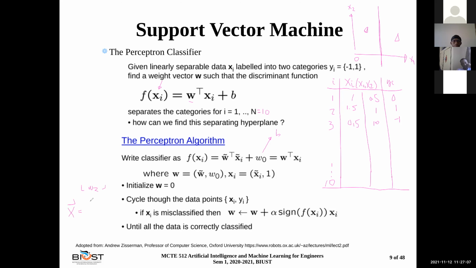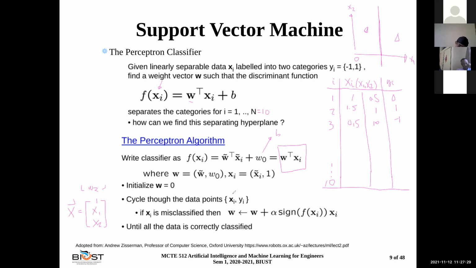That takes care of the bias. Now all you need to do is put f of x as this multiplication. The bias is inside already, so all we need to consider is W transpose times Xi.